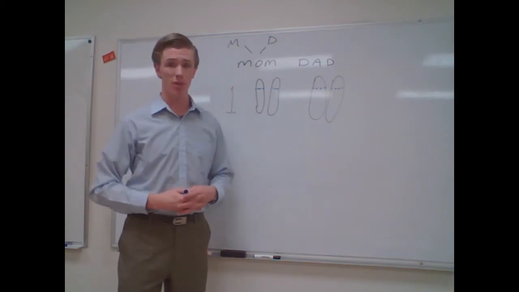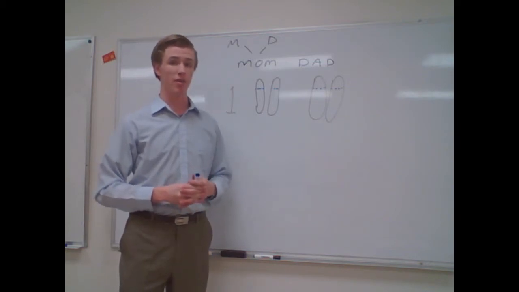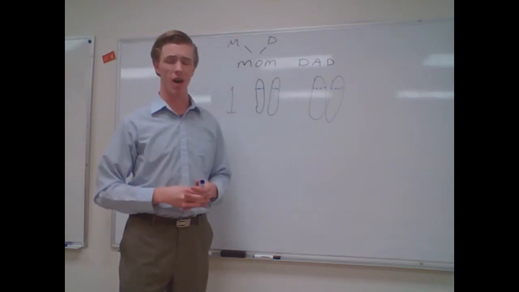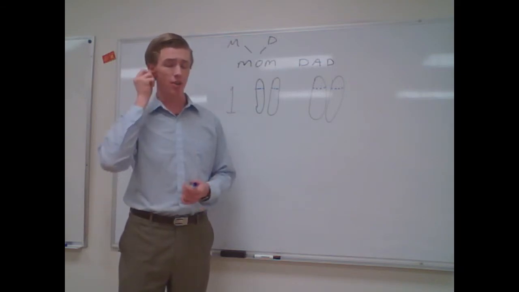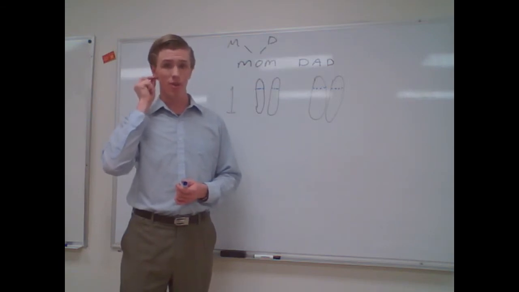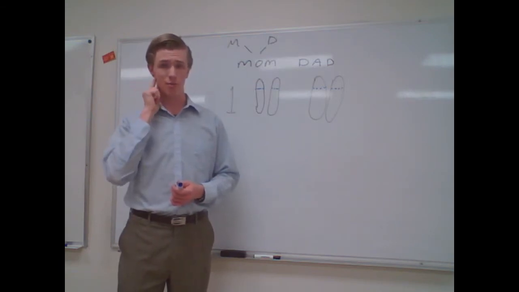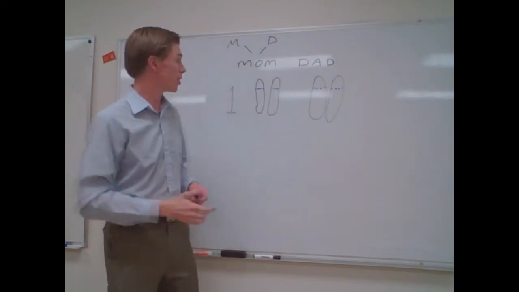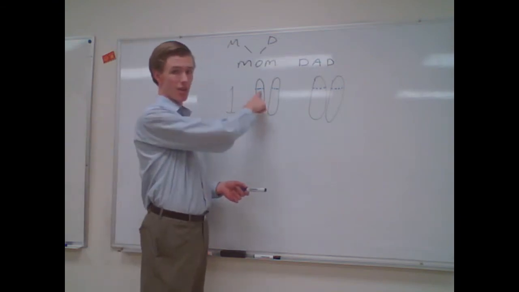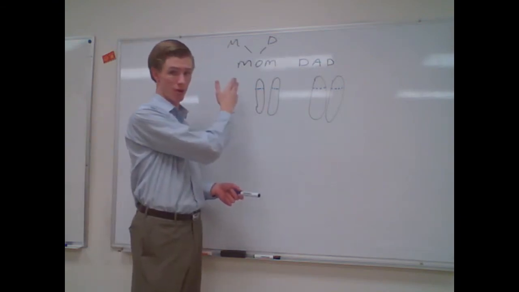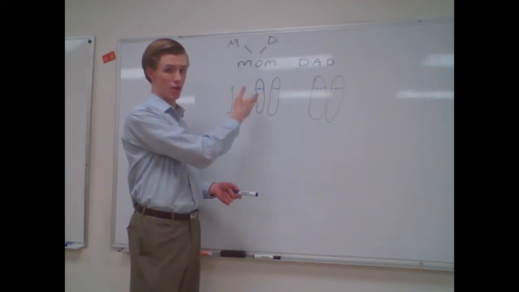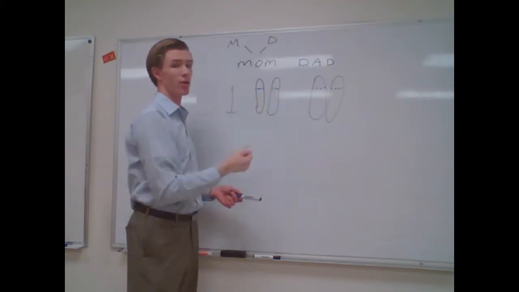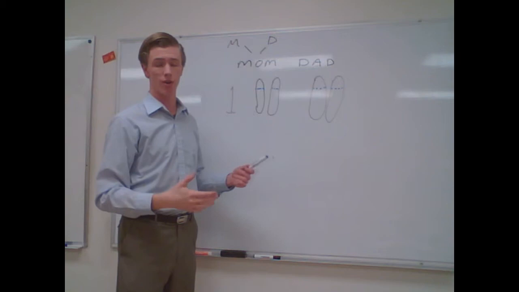Or the example we use a lot, and some of what I found says it might not be a single gene, but we use it that way in most biology, or high school biology, is your earlobe, whether they are free earlobes or attached earlobes, and we've talked about this in class. But the mom has a gene that says from her mother one way that her earlobe should be, and from her dad which way her earlobes should be.